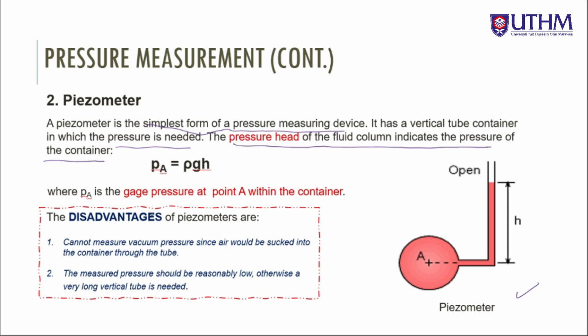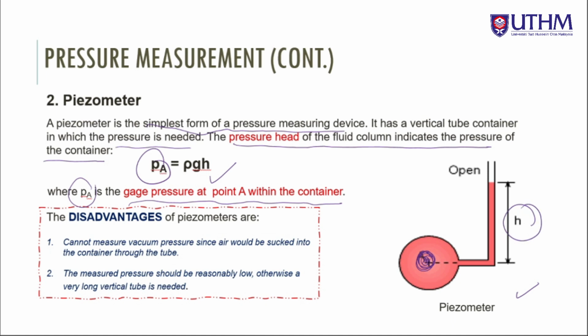Macam biasa, in order to calculate the gauge pressure at point A within the container, kita guna rumus PA equals rho GH. Simple je. The H is actually the height dalam the cylinder.